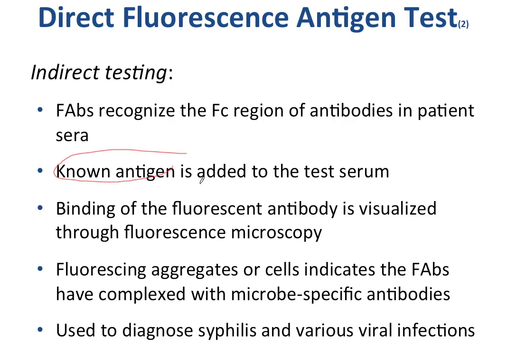If the patient's serum contains antibody to the known antigen, the antibody will conjugate to the known antigen, and then we can add the fluorescent antibody to conjugate with the antibody that is conjugated with the antigen, so we can see the signal.